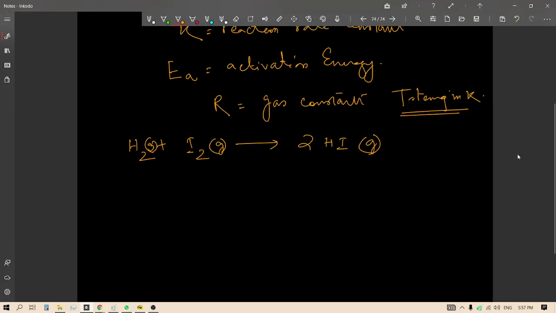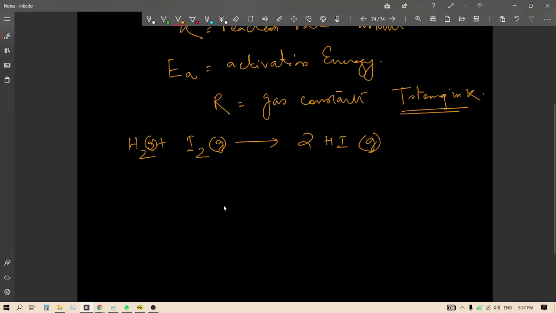Now let us try to decode the mechanism behind this reaction. Of course we all know that chemical bonding is basically breaking off old bonds and making of some new bonds. So I can assume this hydrogen as this, iodine as this, and when they are mixed together, I can assume that this bond breaks.